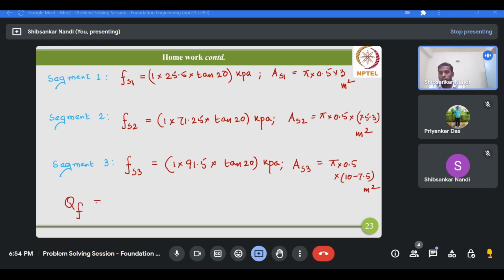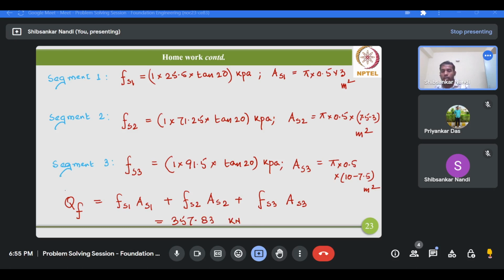The total skin friction resistance would be Fs1 As1 plus Fs2 As2 plus Fs3 As3. If you calculate this value, you should get the final answer as 357 kN.